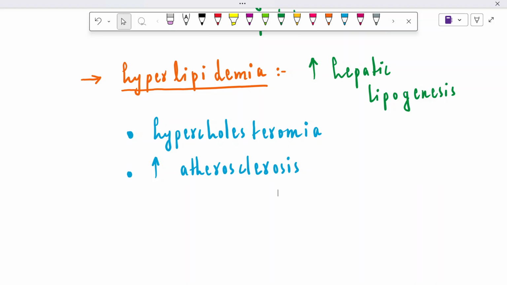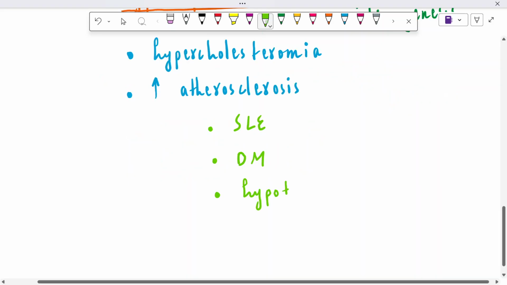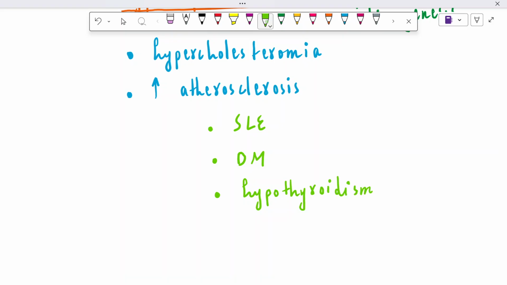The third condition is hypothyroidism. It is not very important, but since we are talking about increased atherosclerosis, why not mention it as well. The next condition is syndrome X, a syndrome in which there is increased atherosclerosis.